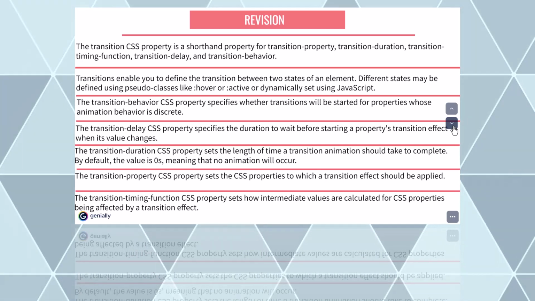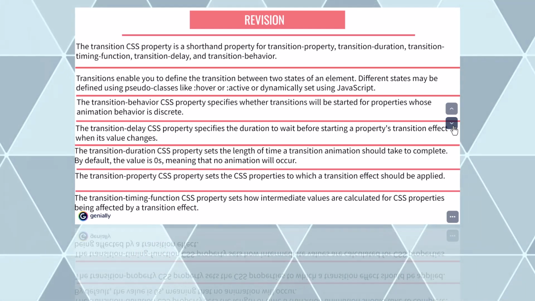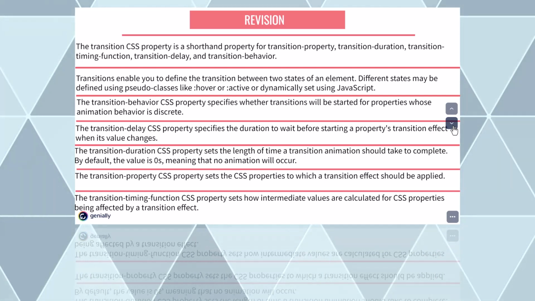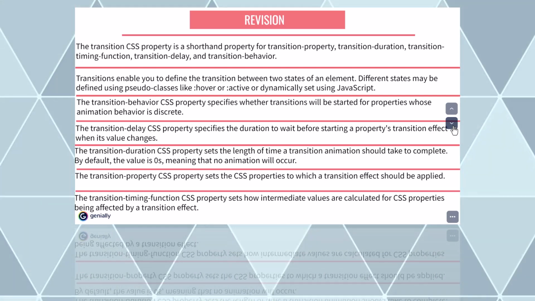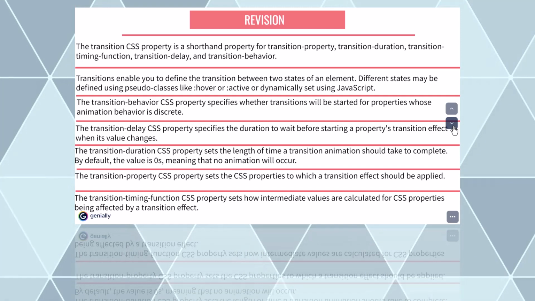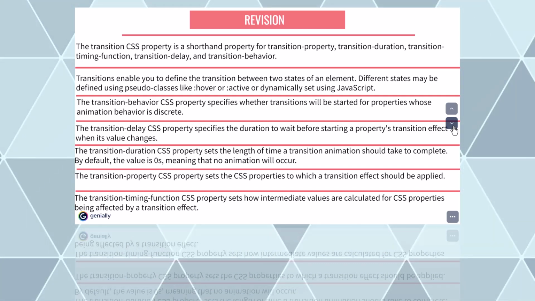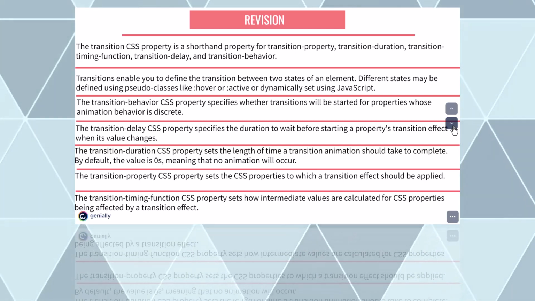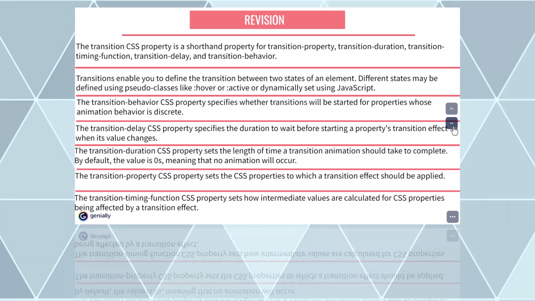Cindy? The transition behavior. The transition behavior CSS property specifies whether transitions will be started for properties whose animation behavior is discrete. Can you tell us what it means or explain to us?